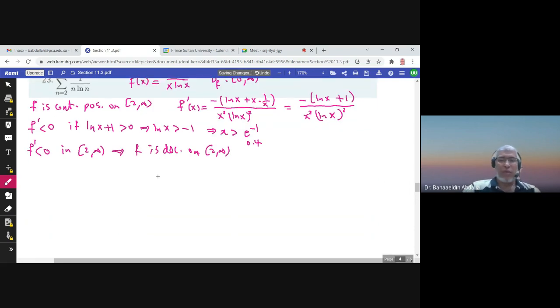All right. Now let us consider the improper integral from 2 to infinity of this function, 1 over x ln x dx. And the improper integral by definition is the limit as t approaches infinity of the integral from 2 to t of 1 over x ln x dx. Well, let us think of this integral.